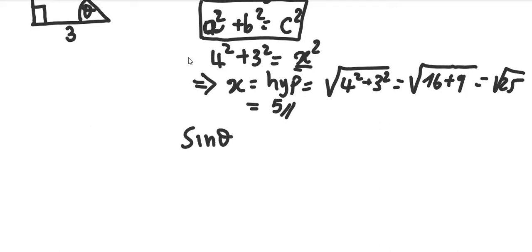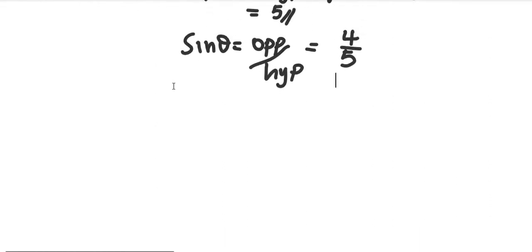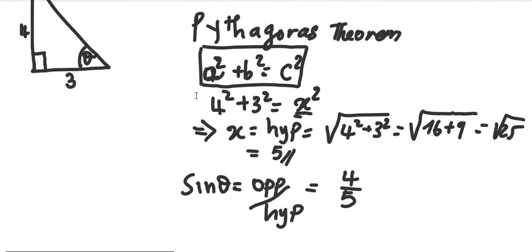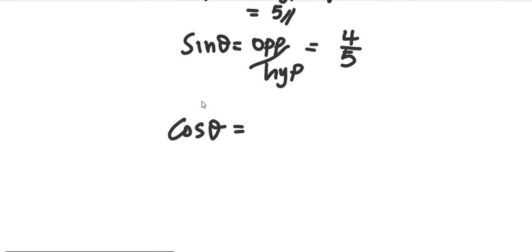Sine theta is equal to our opposite divided by our hypotenuse. This is equal to, the opposite is 4 and the hypotenuse is 5. Let us proceed. The cosine function cos theta is equal to, yes, it was not in the equation, but let us calculate it just to do it.